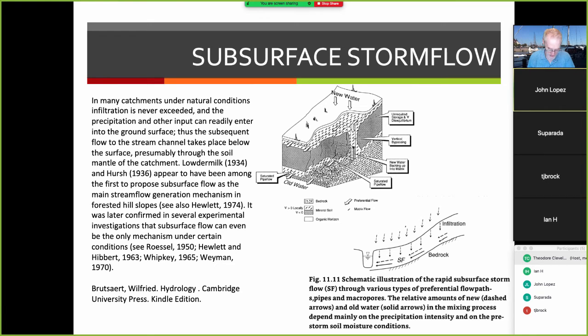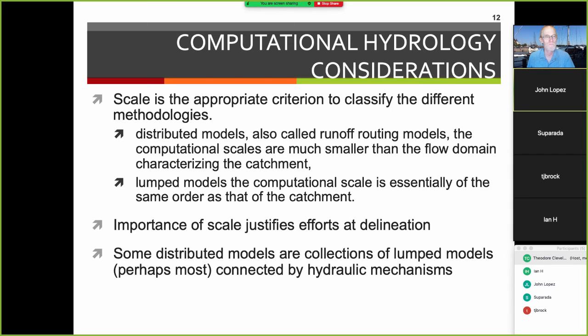So generating runoff is a pretty complex process, and infiltration itself is a complex process. And that's what these few presentation slides are trying to convey. There's a lot of complexity involved. We'll have to simplify it for our computational needs in most cases.